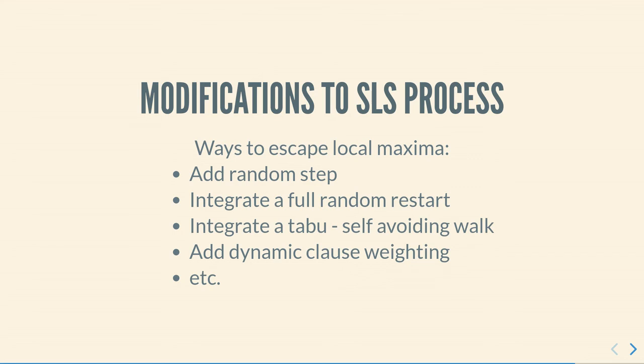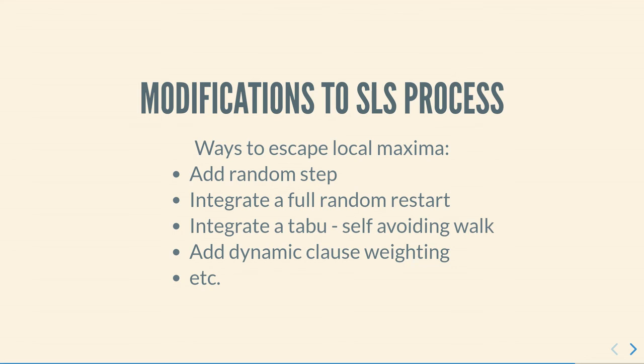For instance, we can add a complete randomization step where it just chooses a variable at random and flips it, or we can introduce a full restart, where at some point we say, okay, we've reached a likely loop, and we do a full random restart of all of the variable values.